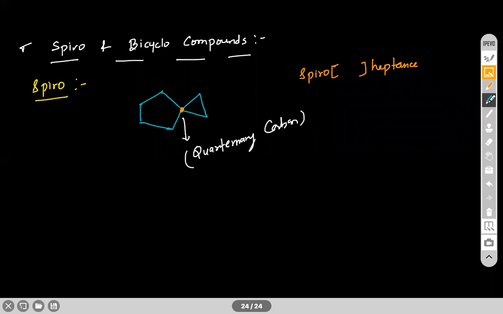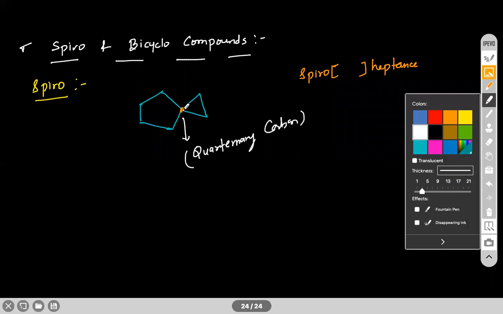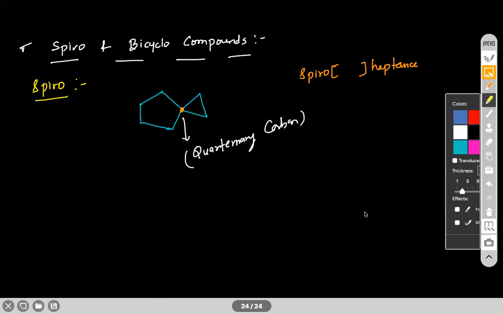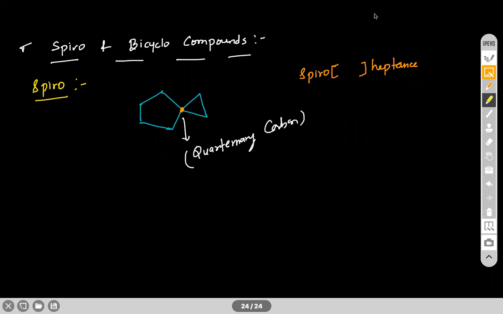We start numbering from the adjacent carbon of this. How many adjacent carbons do we have for this common carbon? We have 4, right? Yes, correct. We have 4 adjacent carbons, 1, 2, 3, and 4. So in spiro compound, we'll start numbering from the smaller ring.